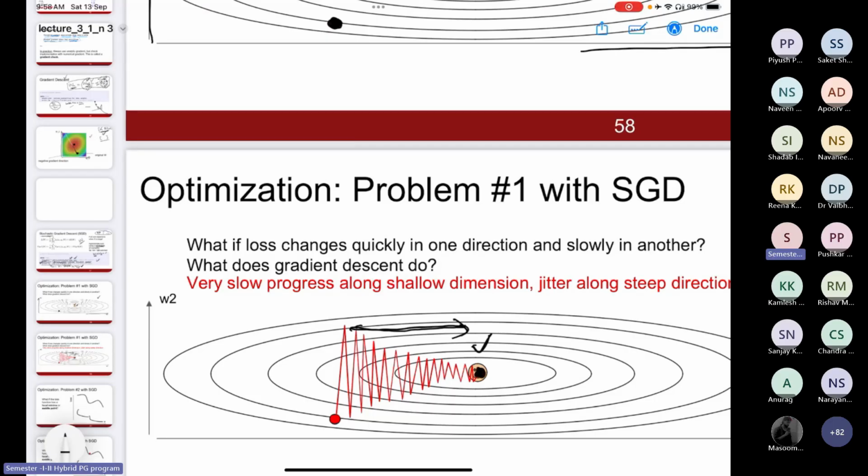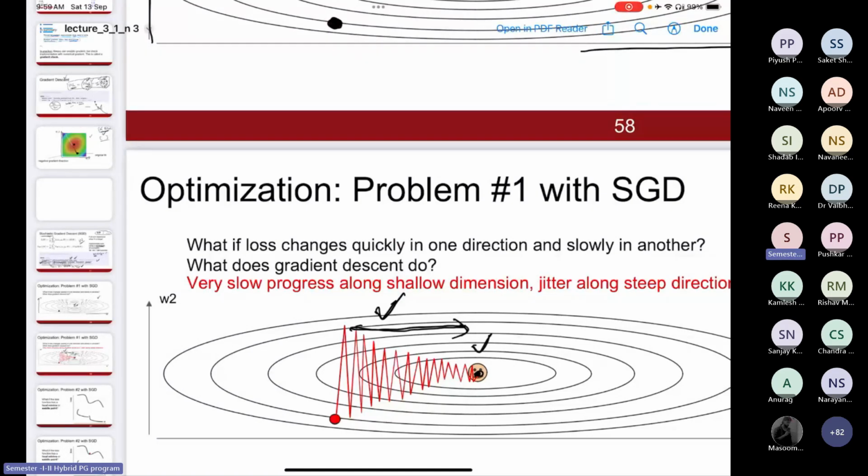If I want to reach here, there should be a proper or equal amount of change in both directions so that I go there fast. But due to this situation, this will hamper the progress, and your convergence will be slow. So this is one type of problem that may occur in the case of SGD.